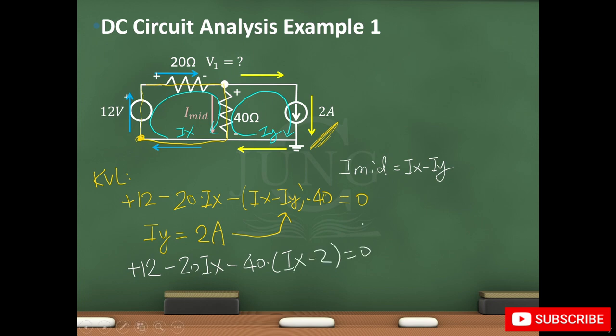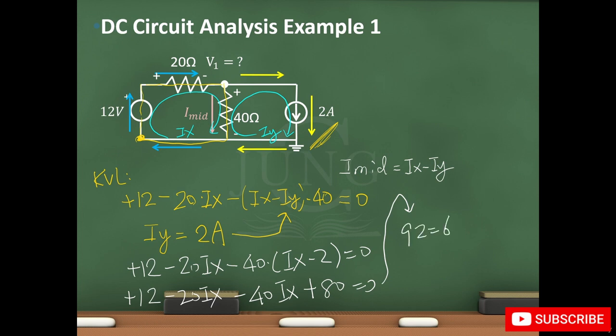Now we can expand the bracket, so plus 12 minus 20 Ix minus 40 Ix plus 80 equals 0. Putting Ix to the right and everything else to the left, we have 92 equals 60 Ix. So Ix is 1.533 amp.